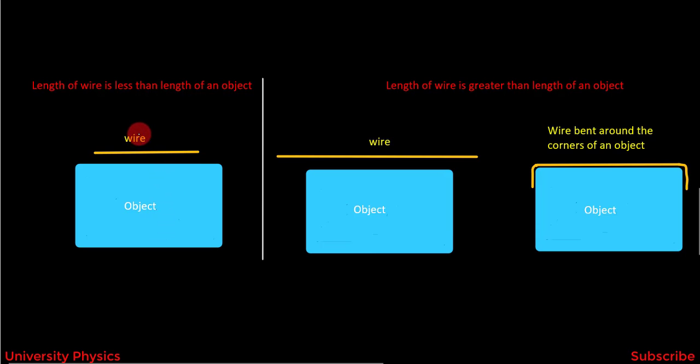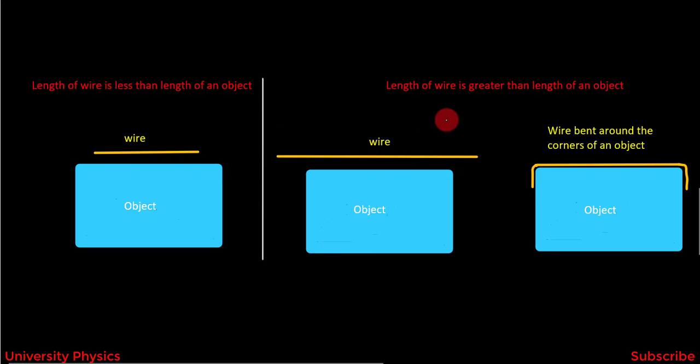So, in this case, we are not able to bend this wire around the corner of this object because the length of this wire is very small compared to the length of this object. So, we cannot bend this wire across the corner of this object.